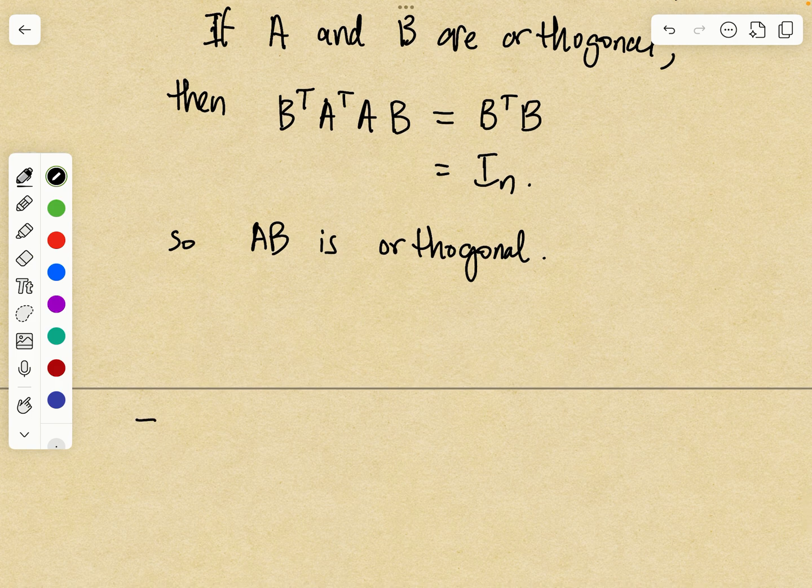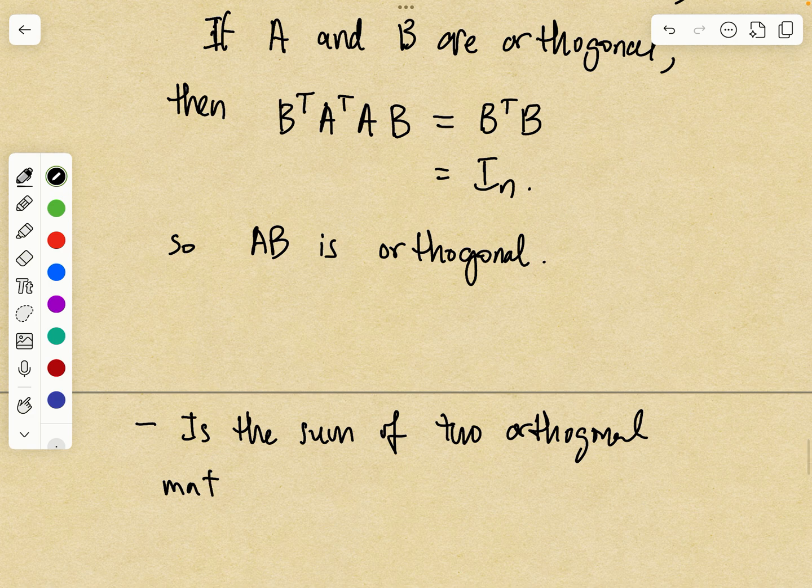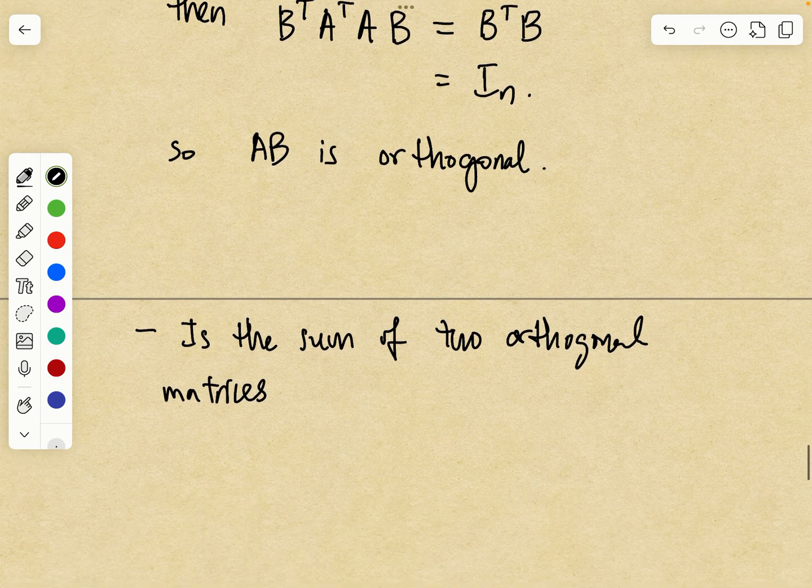Okay, what about the sum of two orthogonal matrices? Is the sum of two orthogonal matrices necessarily orthogonal?